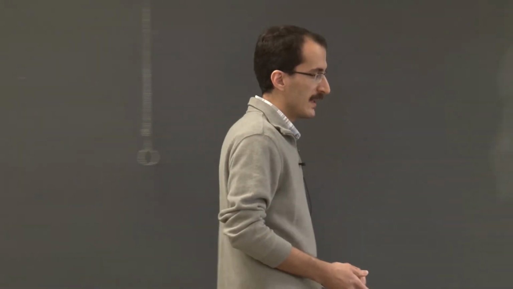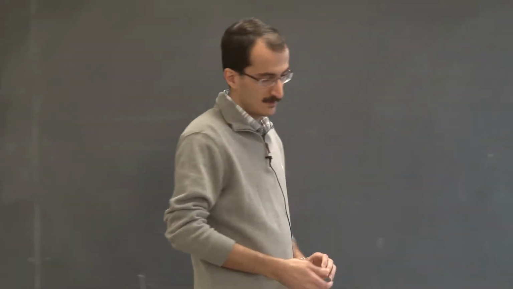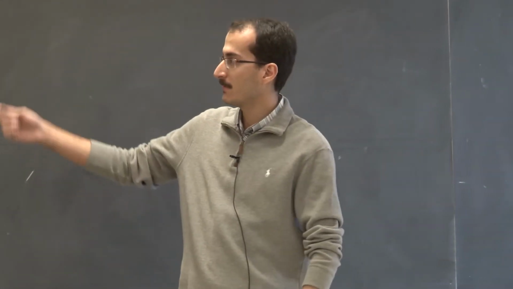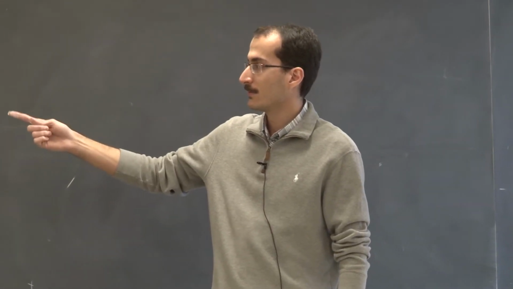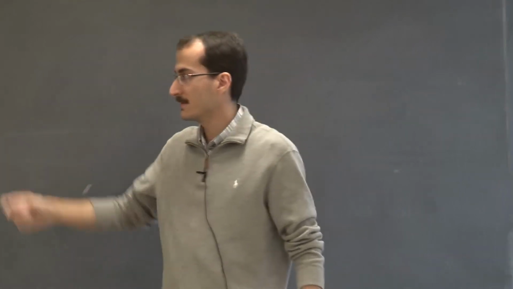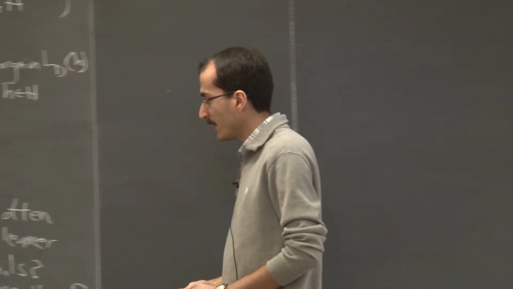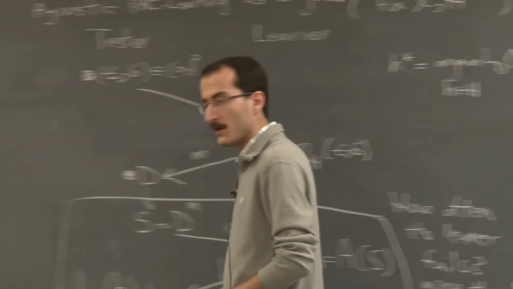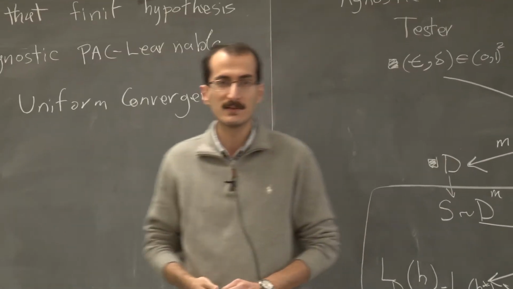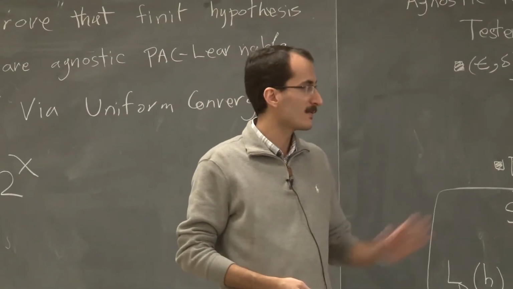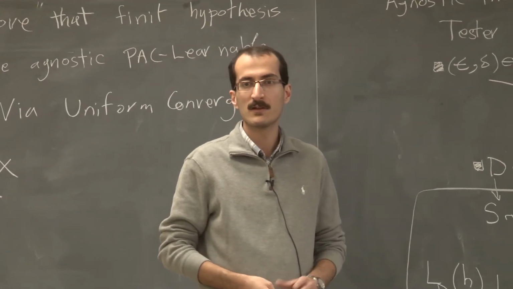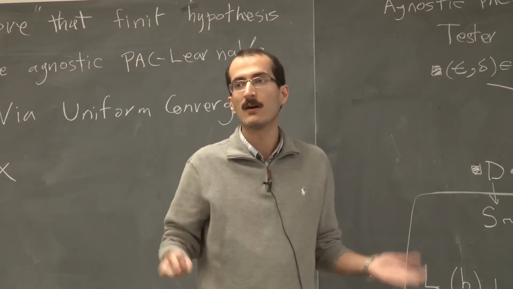So how can we prove something about the sample complexity of this? There are two kinds of bounds that people acquire for these problems. One are lower bounds and one are upper bounds.